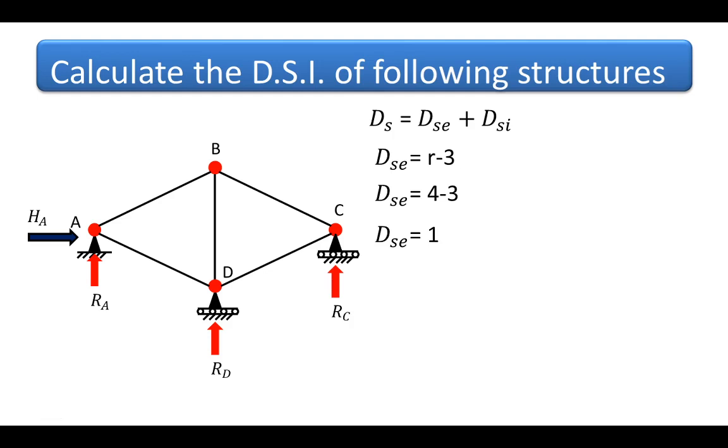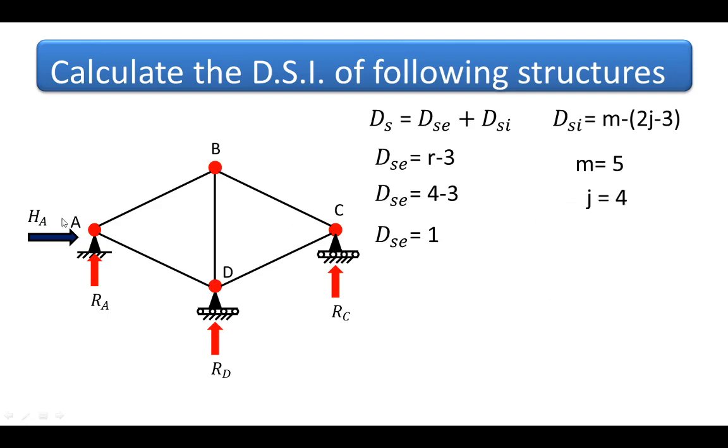Then internal static redundancy DSI, we know the formula is DSI is equal to M minus in bracket 2J minus 3. So here M is equal to 5: AB, BC, CD and AD, and vertical again the BD. So this M is equal to 5.